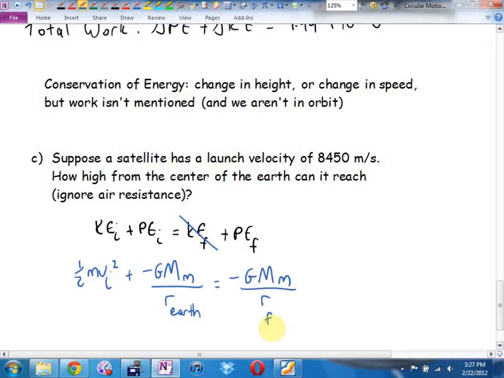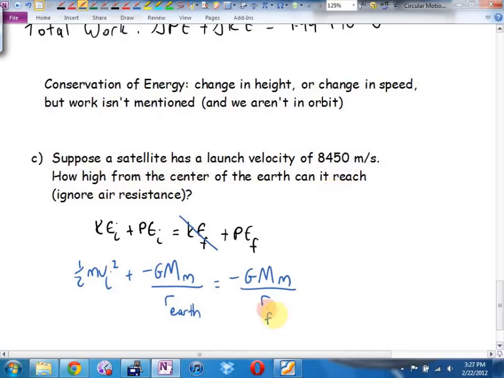Hey, what are they asking me to find here? There is no height in this equation. What are they asking me to find in this equation? Our final, right? Now, I said distance from the center of the Earth. What if instead I had said find the altitude?